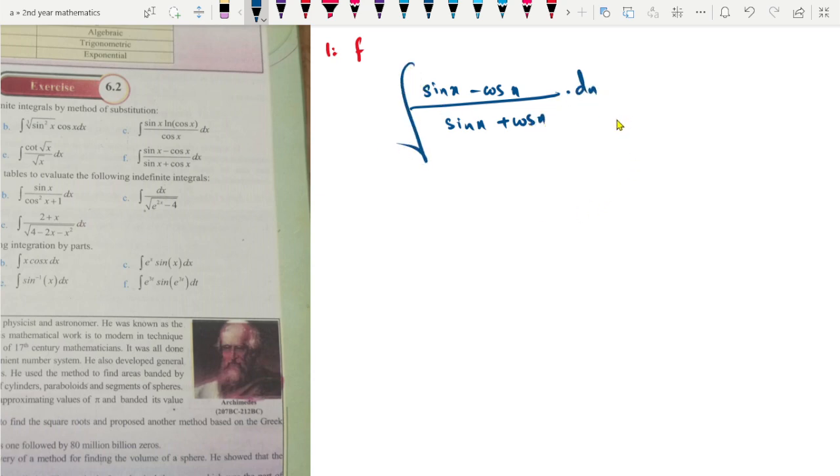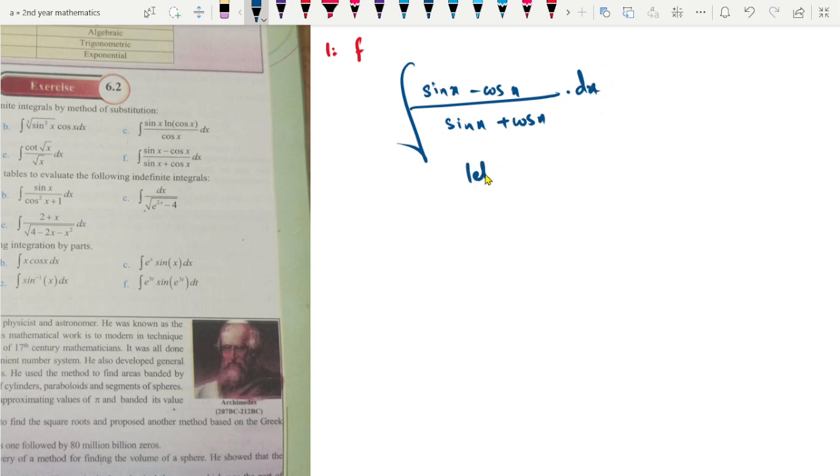Now question number 1, part number F. We have the integral of (sin x minus cos x) divided by (sin x plus cos x) dx.